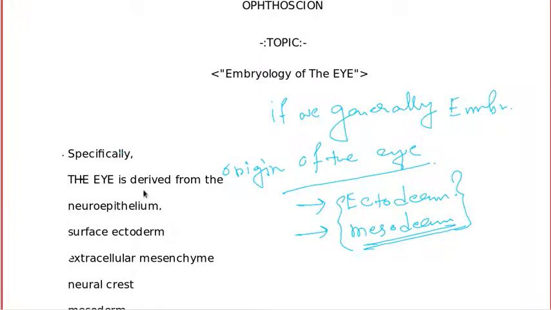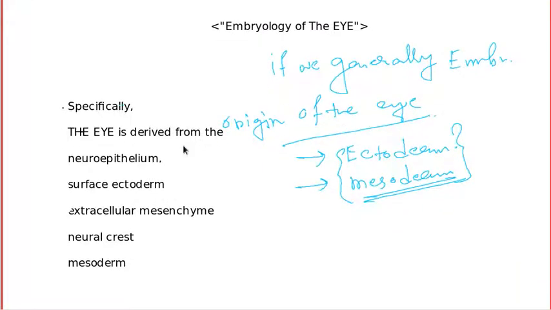Now if we go into detail, as you can see here, we can see three layers. One is neuroepithelium, the other is surface ectoderm, and another is extracellular mesenchyme. So the embryological origin of the eye depends on three parts.